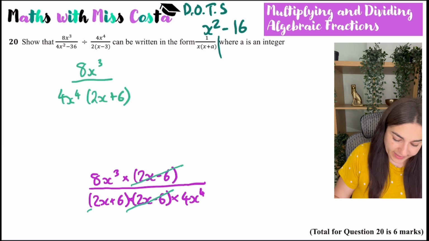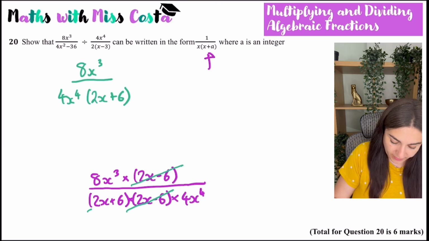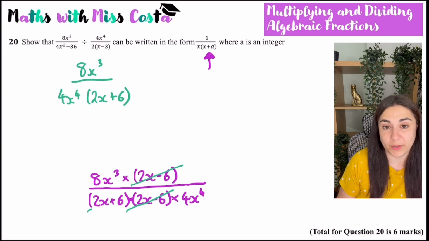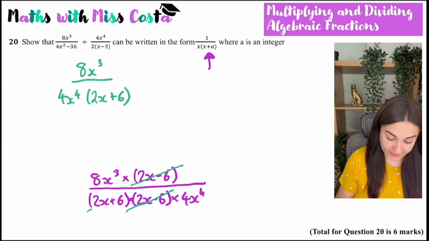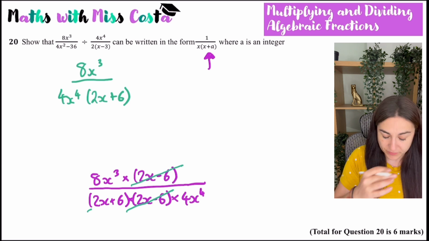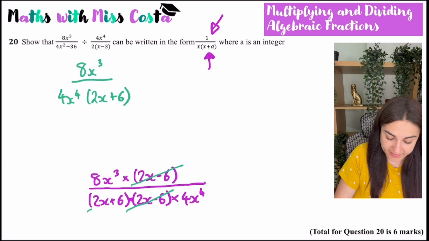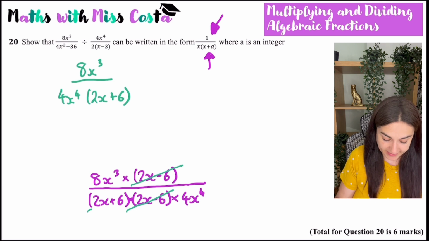Now, there is a little bit of a hint over here. I know that I'm going to eventually divide, I want my numerator to be essentially divided by 8x cubed. So what that means, because I want it to be 1, the only way to get 1 is to divide 8x cubed by 8x cubed.